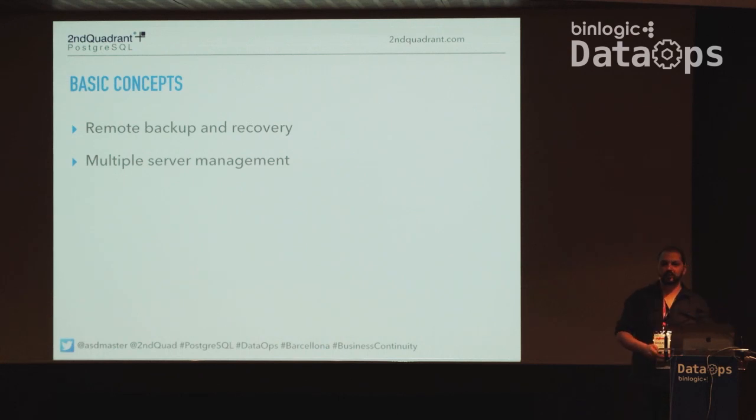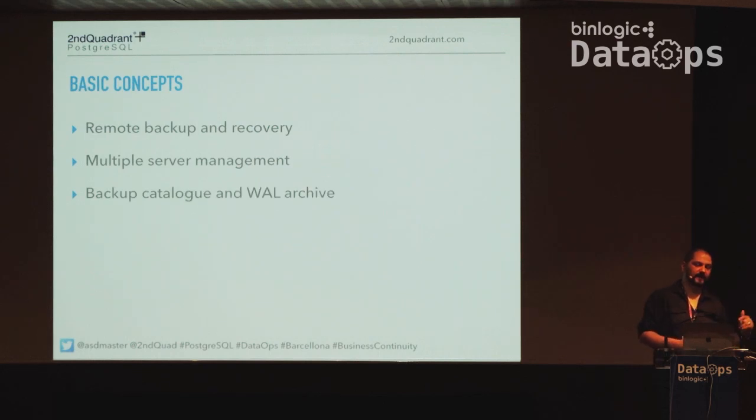Barman can handle more than one server. In the example I'm going to show, we take into consideration only one server, but with Barman you can handle more than one. We have customers that handle 10 servers using one Barman server, obviously with big storage.